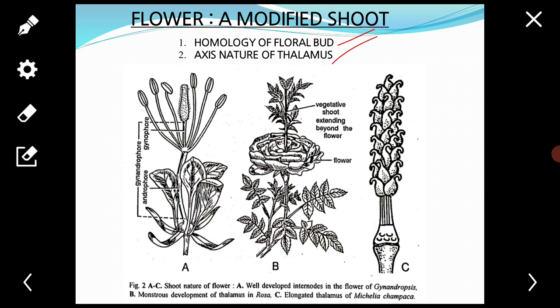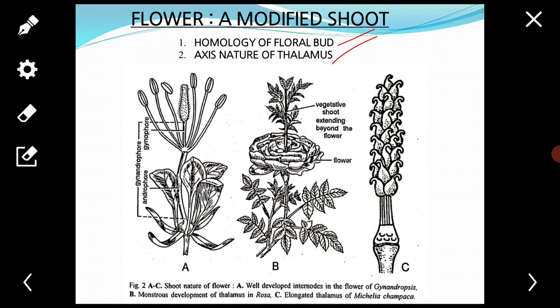The thalamus or the receptacle of the flower is an axis bearing floral appendages. Since it is highly compressed, distinction between nodes and internodes is lost.